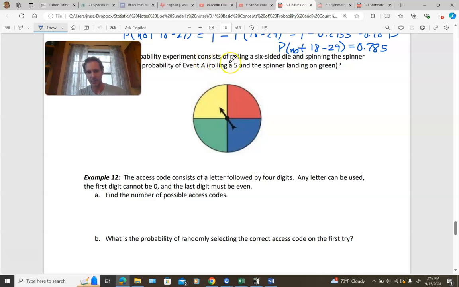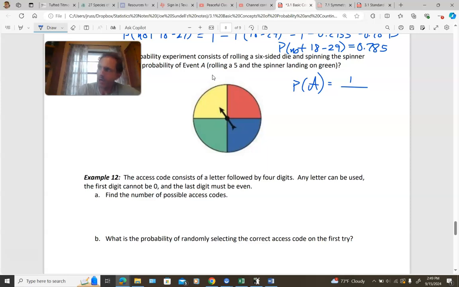So event A would be rolling a 5 and the spinner landing on green. Okay. So probability of A. Well, we can take a theoretical approach to this. There's only one way that you can roll a 5 and have the spinner land on green, okay? So the number of outcomes that comprise this event A is just 1.